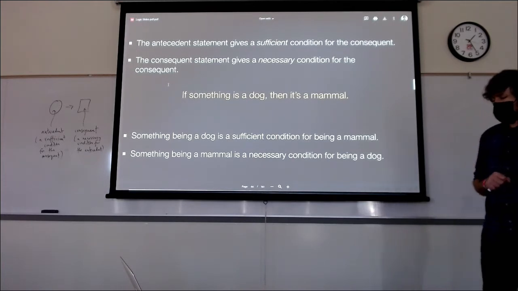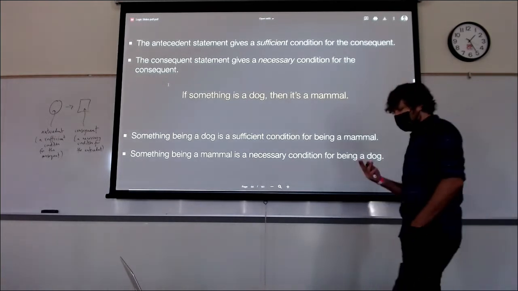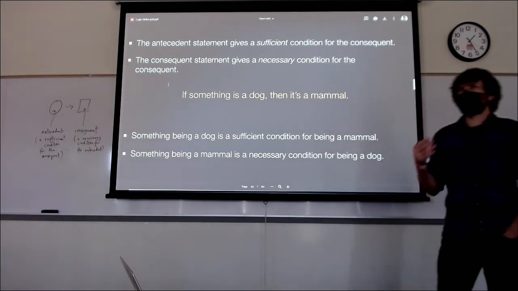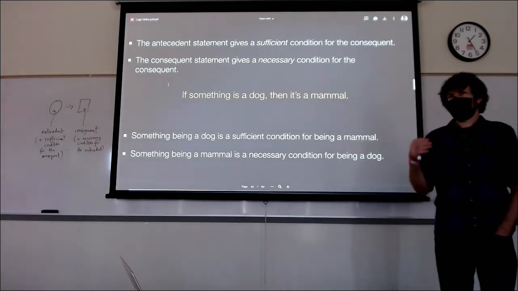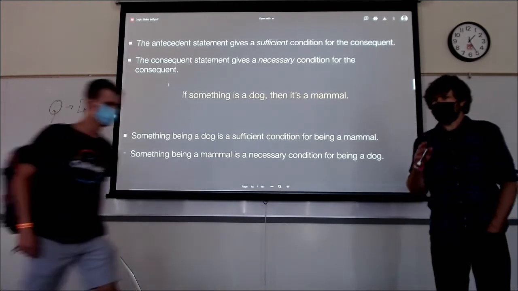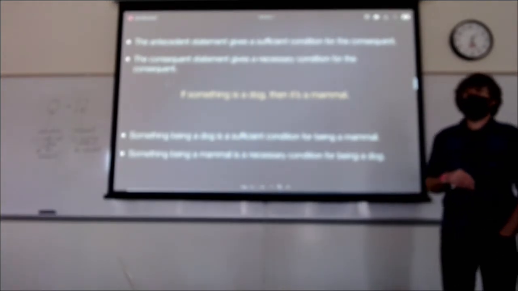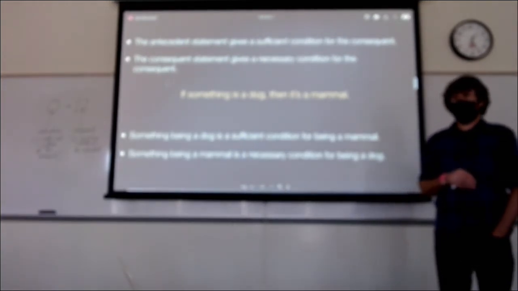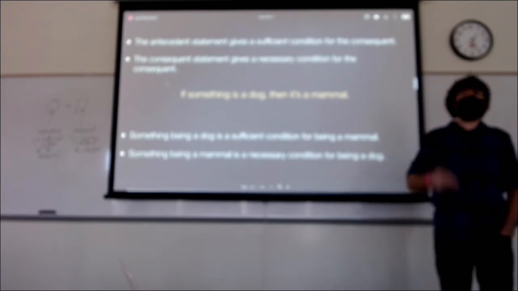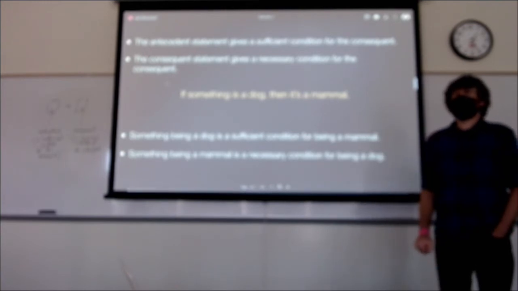Well, when you give a conditional statement, you are stating that something is a sufficient condition. But you might be wrong. Like if I said, if it's an alligator, then it's a mammal, I'd be wrong, right? But I'm still saying it's a sufficient condition. Does that answer your question?